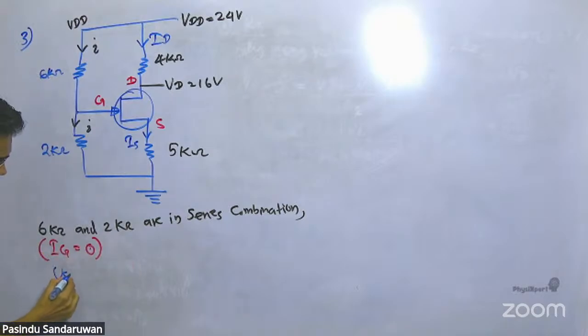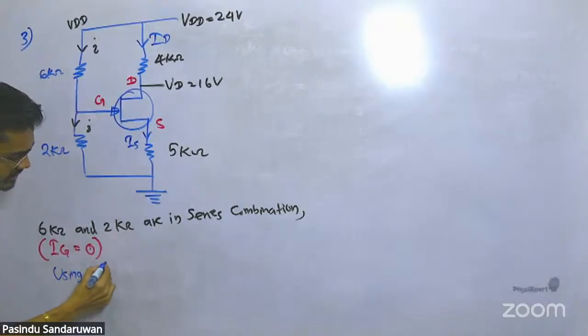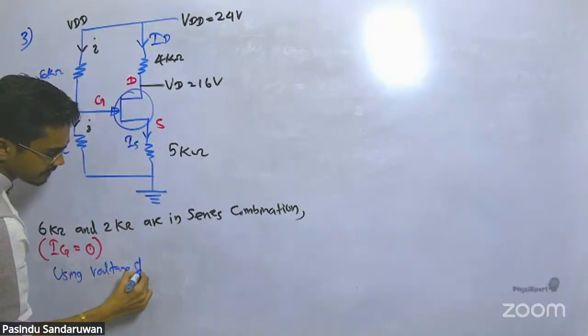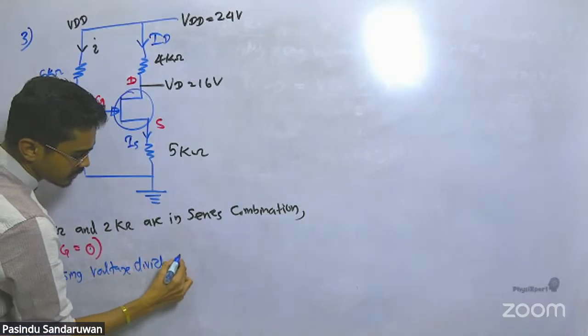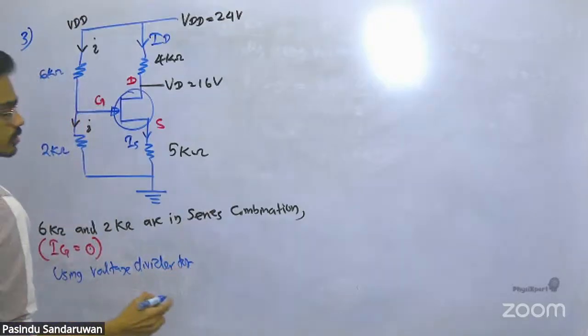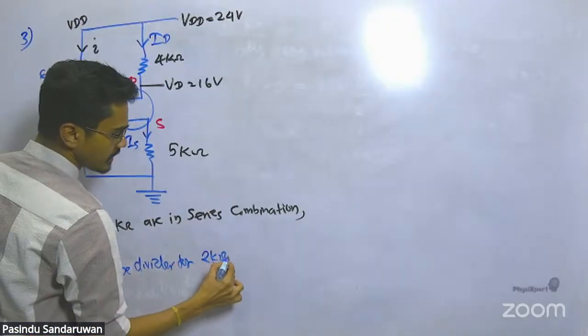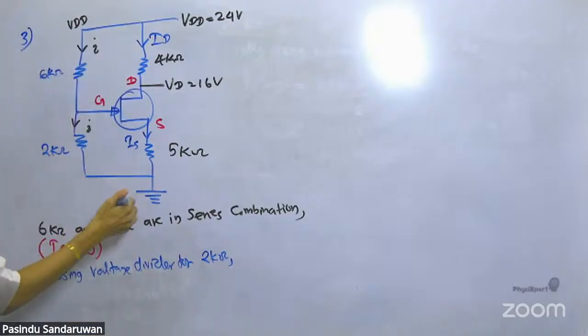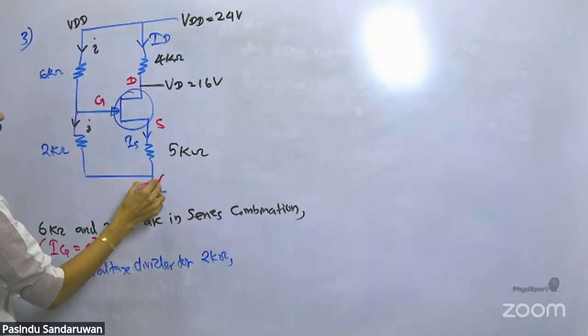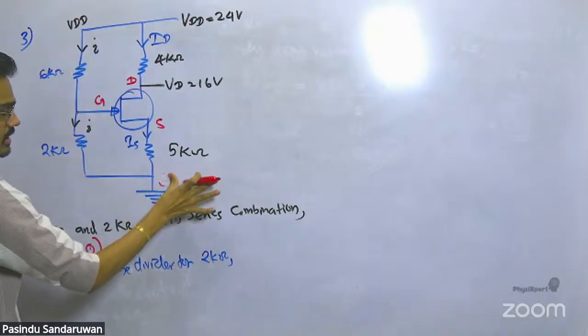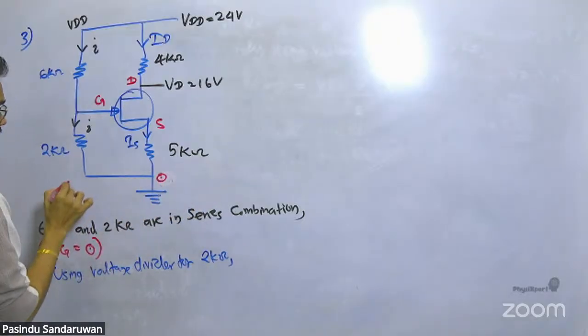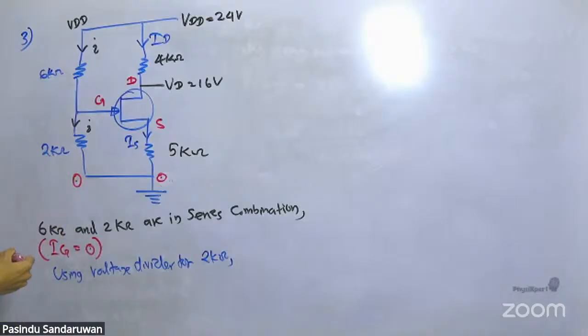Using voltage divider for 2 kilo ohms. You can use it for any resistor, but using 2 kilo ohms is easier because that is grounded. Grounding is at zero voltage, so this is also zero, same wire.